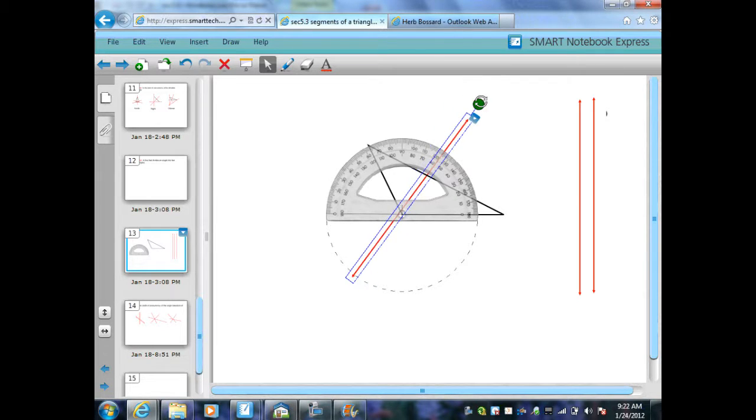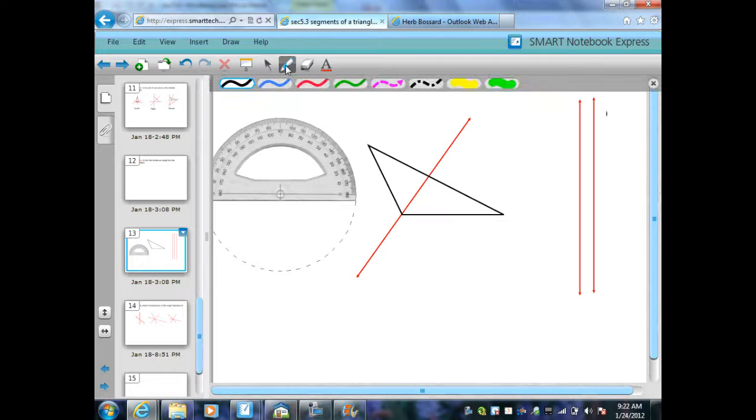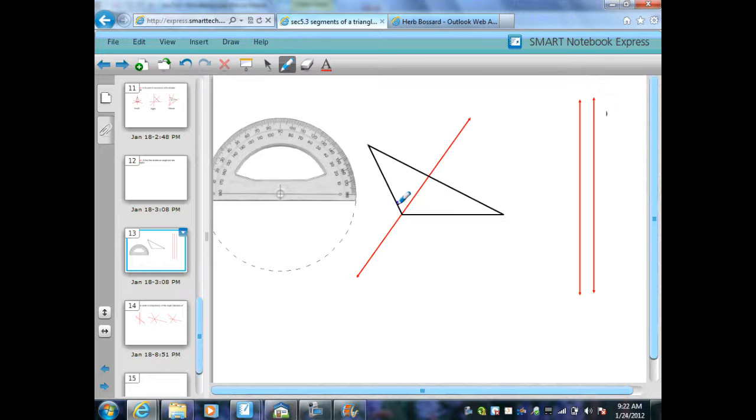So I need to rotate a little more, get as close as I can. And that's about as close as I can get. Notice it goes through the vertex and also creates two congruent angles.